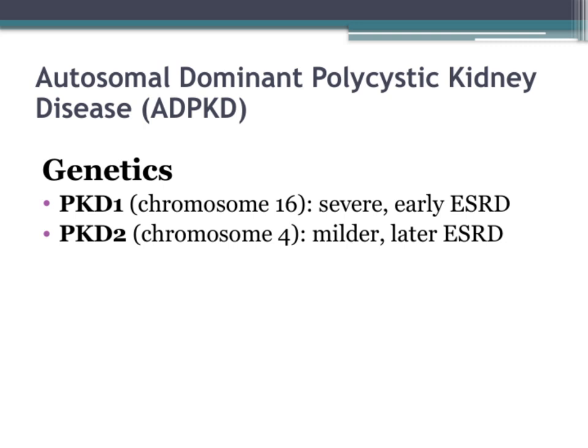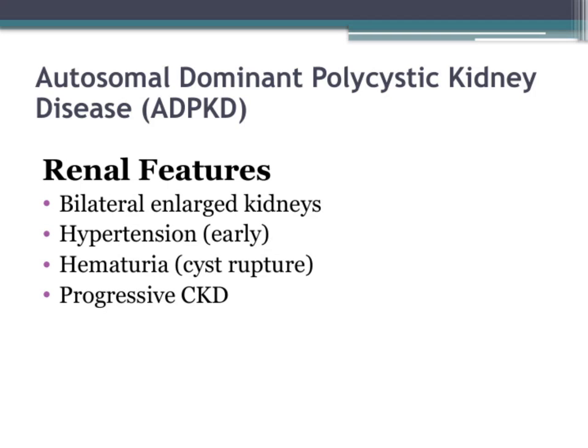It also emphasizes the importance of genetics in guiding diagnosis, prognosis, and potential treatment strategies. So, as we continue, keep in mind how these genetic factors are central to the overall understanding of polycystic kidney disease.